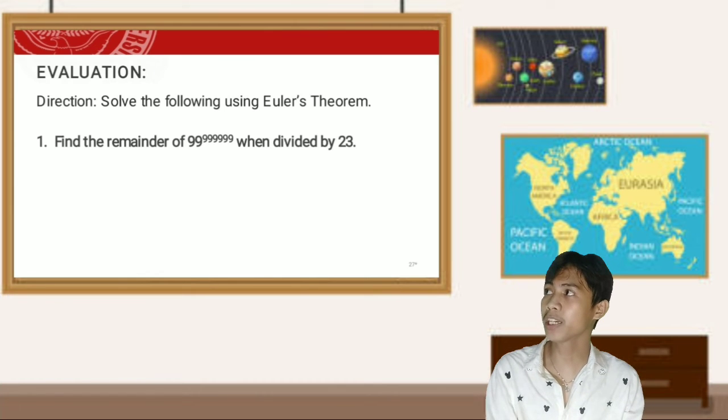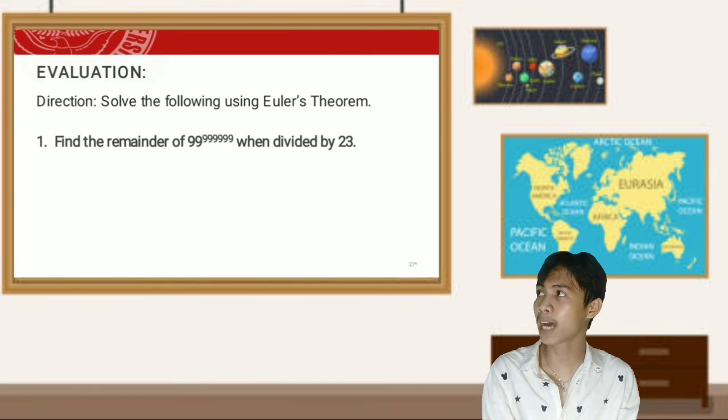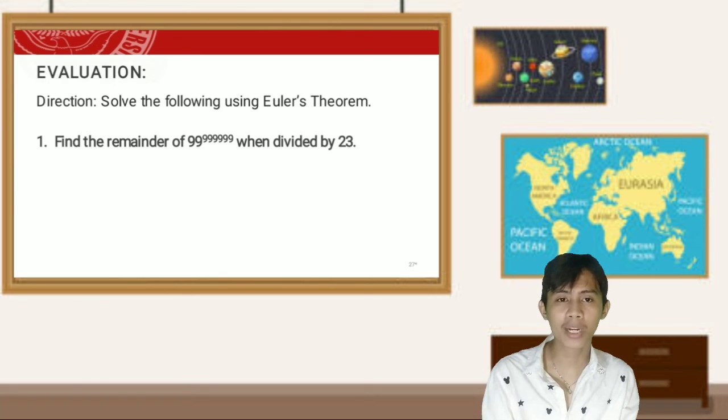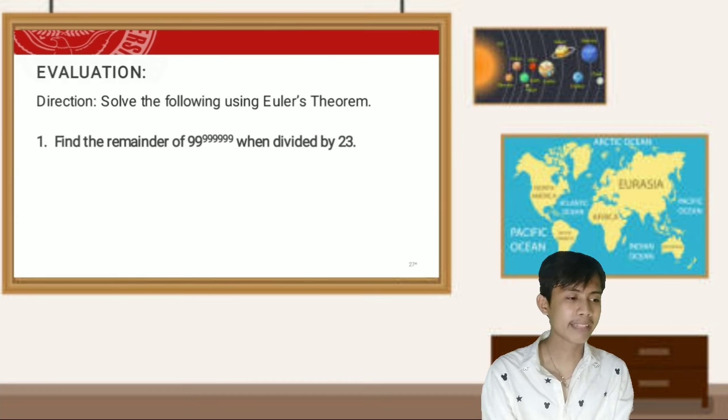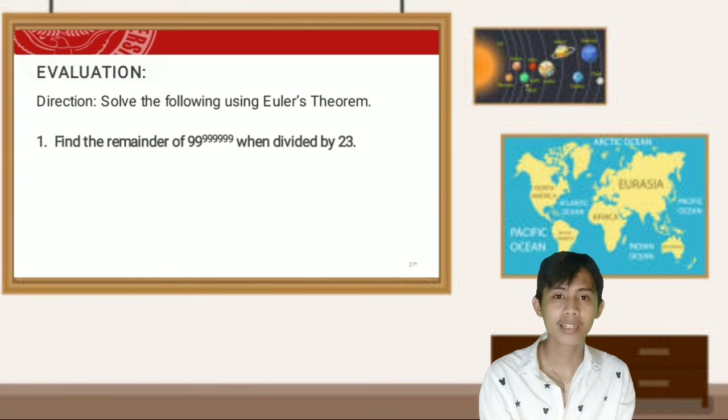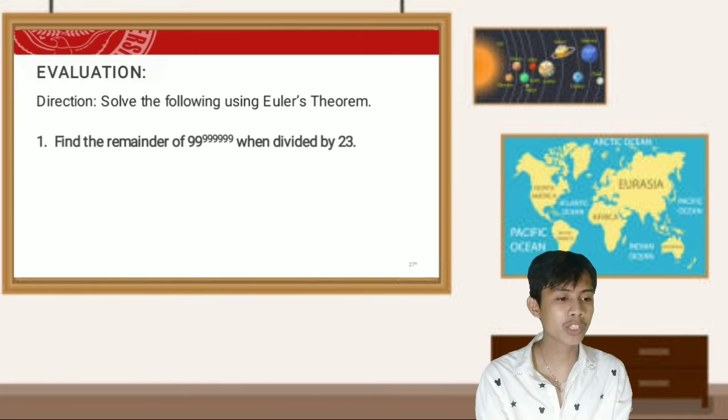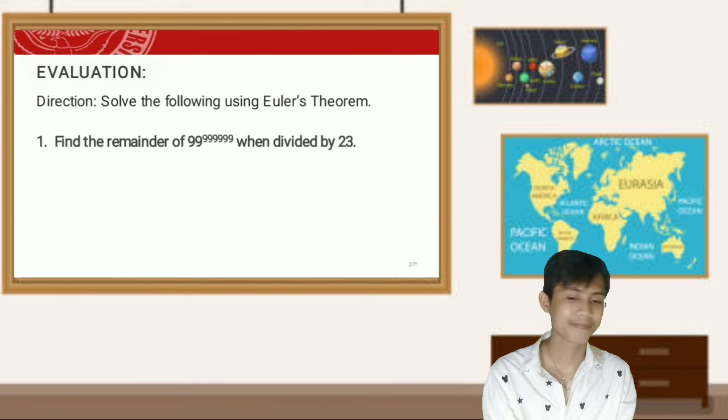Find the remainder of 99 to the power of 9,999,999 when divided by 23. I will give you 10 minutes to answer the evaluation. So answer quietly.